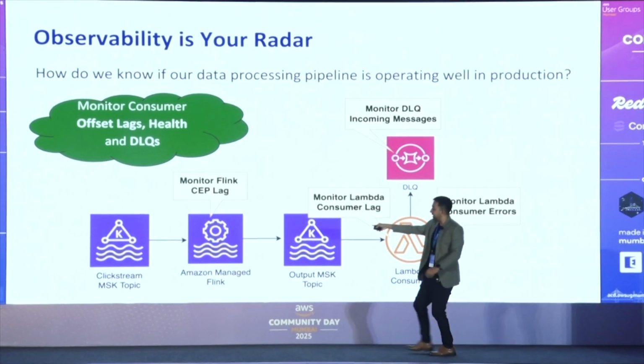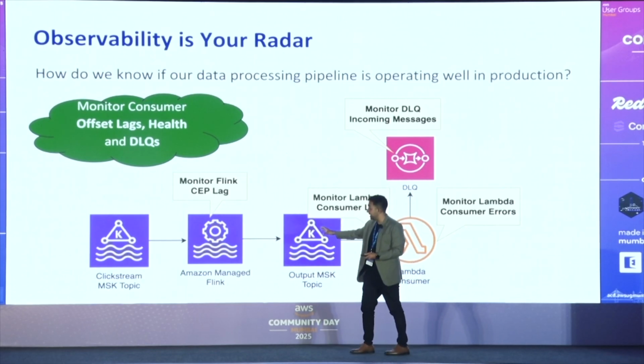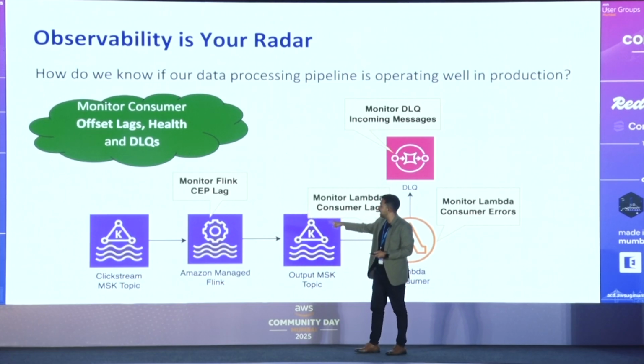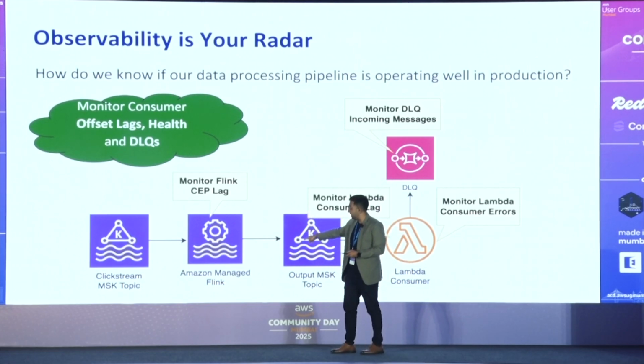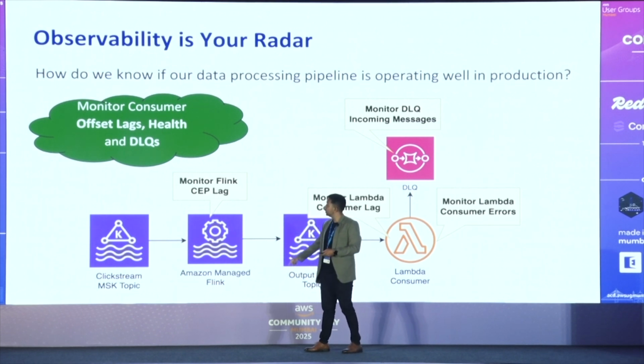Now in this case, we have that clickstream processing Lambda, and Amazon Flink is now consuming it. So Amazon Flink is a consumer of those messages. If Amazon Flink cannot match the feed throughput, there will be a lag building up. There will be lots of messages staying in that particular partition that are not processed.